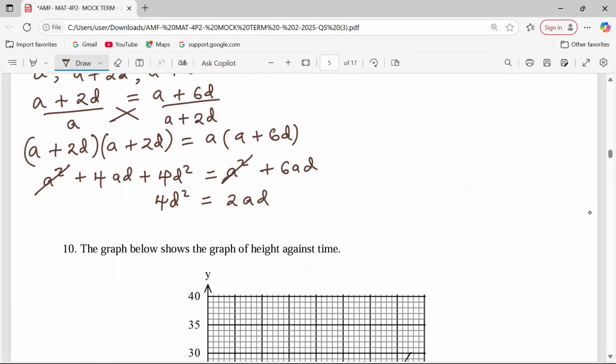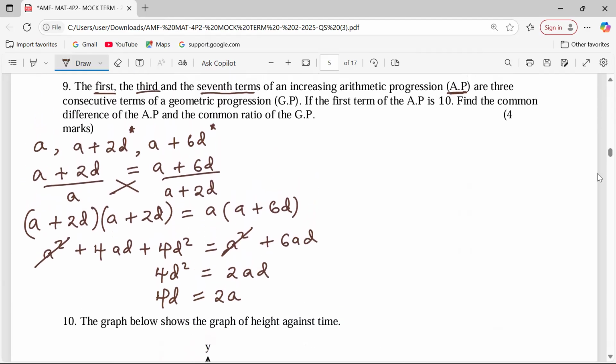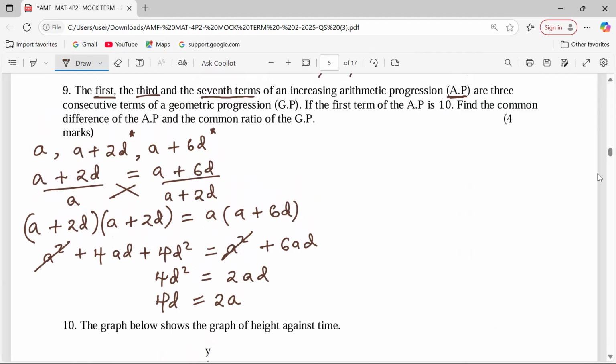At this point, we can simplify by D. So 4D equals 2 times A. What are we finding? Find the common difference of the arithmetic progression.